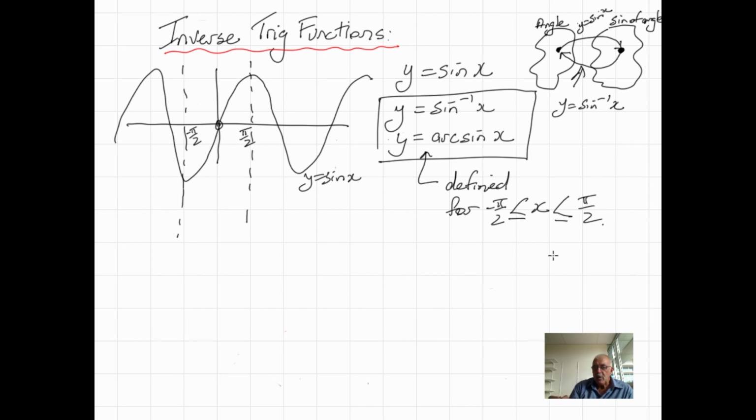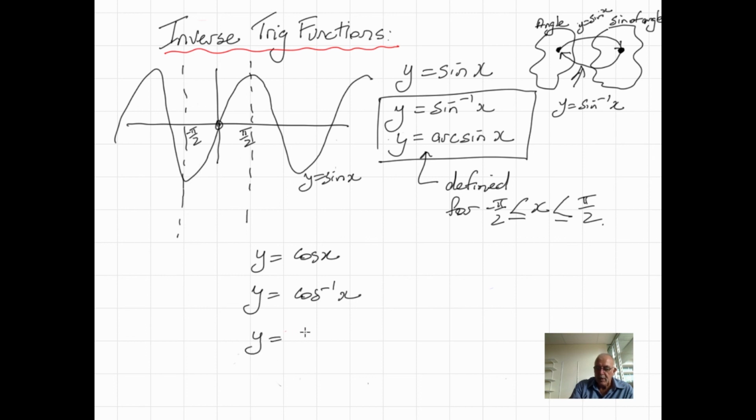The same for cos, y equals cos x. The inverse is y equals inverse cos of x. That means I've got a cos ratio, find the angle.